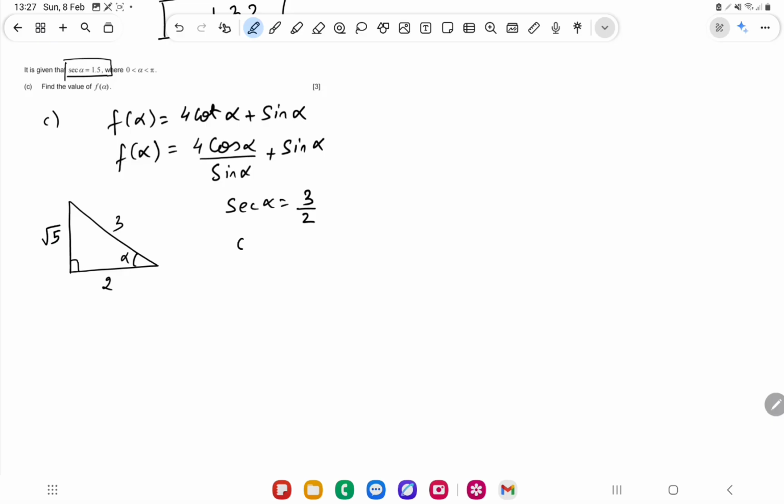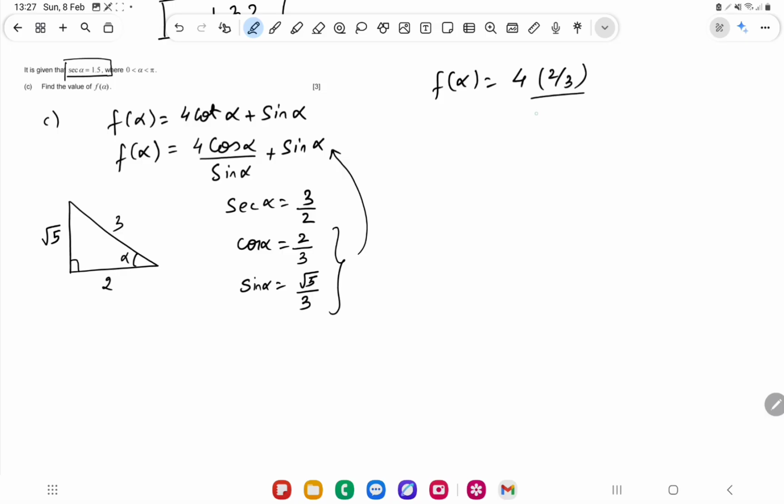So cos alpha is adjacent upon hypotenuse, that is 2 by 3, and sin alpha is opposite upon hypotenuse. Now I will put these two values in the function. So my f(alpha) becomes 4 times 2 by 3 whole divided by root 5 by 3, plus root 5 by 3. Now when you use your GDC to simplify this, you will get 4.32 as your answer.